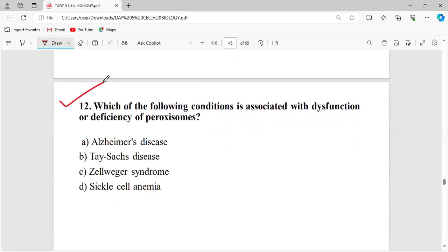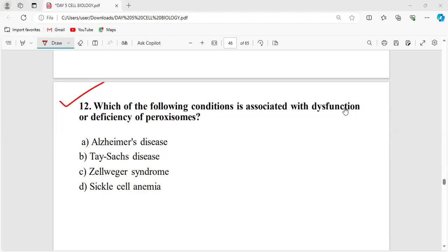Now, which of the following conditions is associated with the dysfunction or deficiency of the peroxisome? Alzheimer's disease, Tay-Sachs disease, Zellweger disease, sickle cell anemia. Zellweger disease, of course it is right.